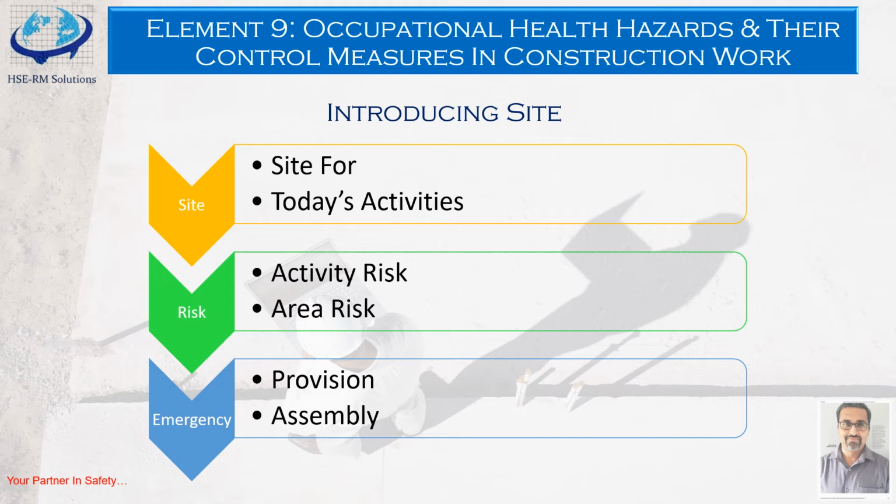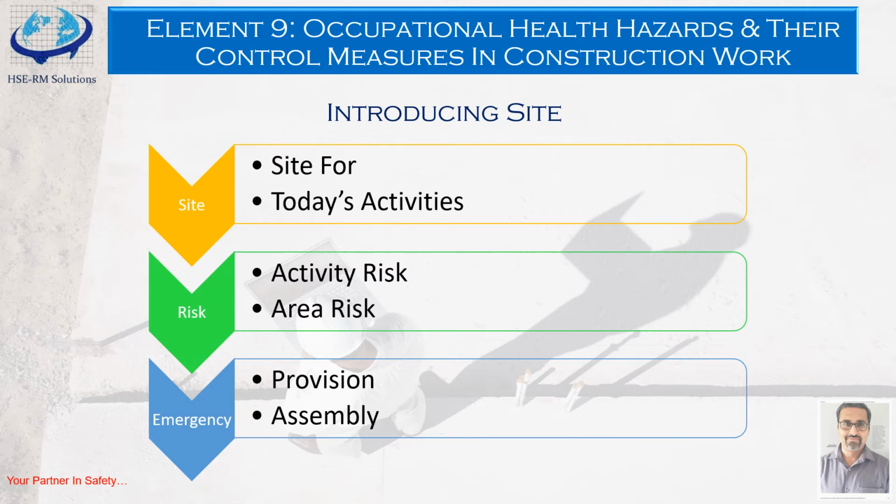Now you will define the risk. So what is the risk? It is SRE: site, risk, and emergencies. So you will be explaining the risk now. When you want to explain the risk, you will be saying activity risk.